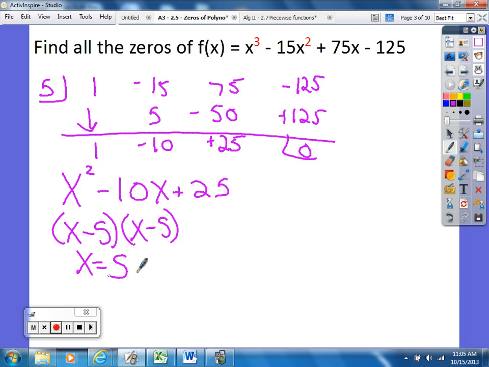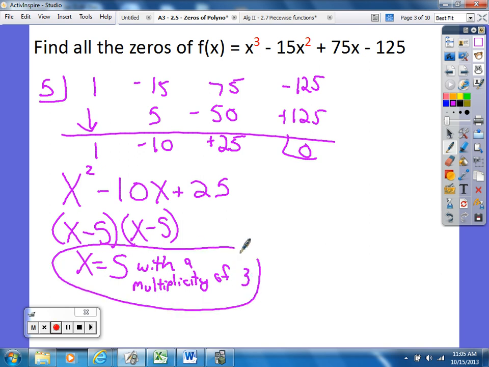And I'm actually just going to write with a multiplicity of 3. That make sense? Because I actually have 1, 2, 3. See how I have all 3 of them?